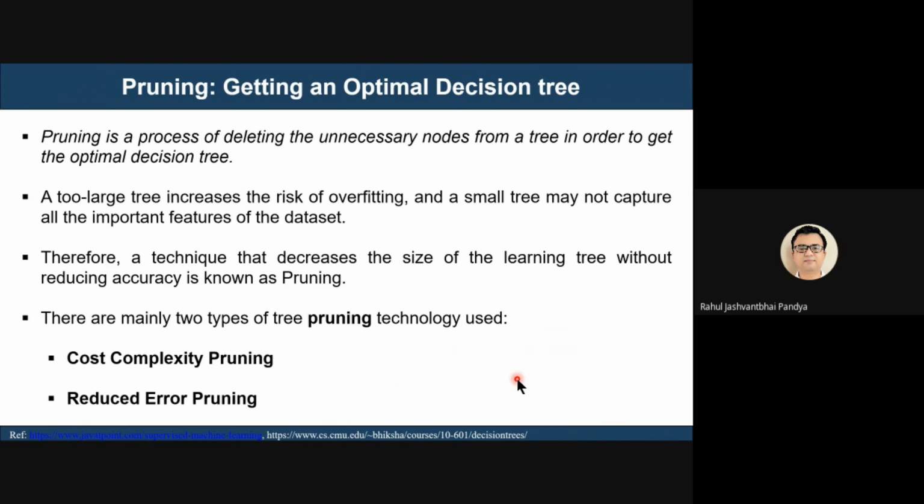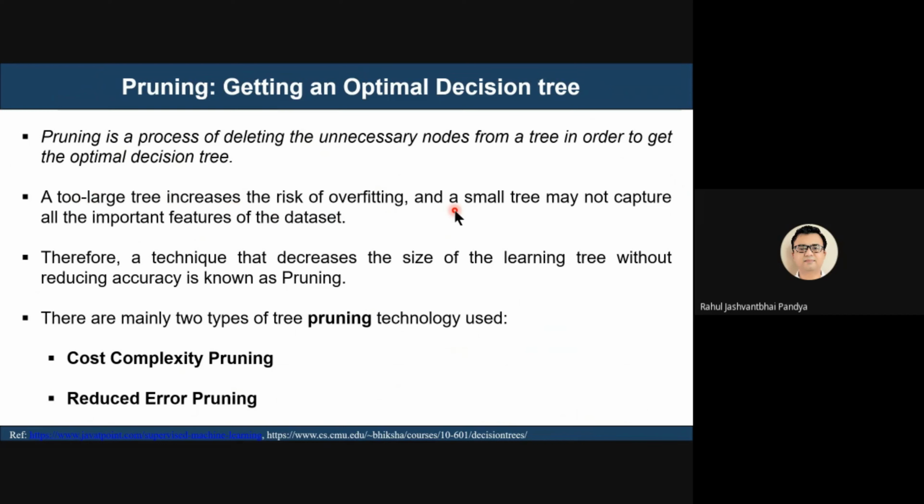Pruning is another method to reduce the complexity. It's about getting an optimal decision tree. Pruning is a process of removing unnecessary nodes from the tree in order to get the optimal decision tree. Sometimes we get too large a tree, which increases the risk of overfitting.